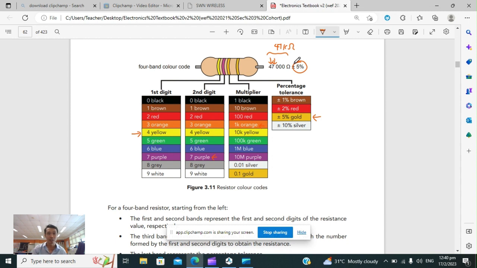Just like anything that is part of the manufacturing process. Even a table, when you have a table being cut into, let's say, 1 meter by 0.5 meter length and breadth, not all will be exactly 1 meter by 0.5 meter.